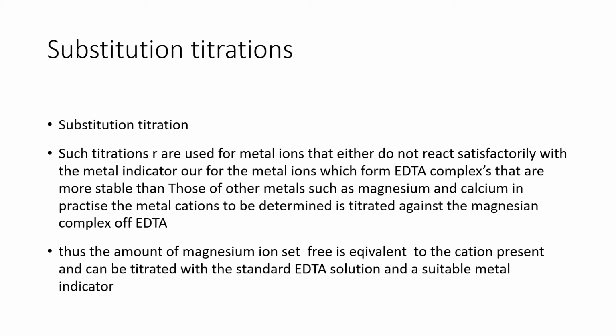Next one is substitution titrations. Substitution titrations are used for metal ions that either do not react satisfactorily with a metal indicator, or for the metal ions which form EDTA complexes that are more stable than those of other metals such as magnesium and calcium.